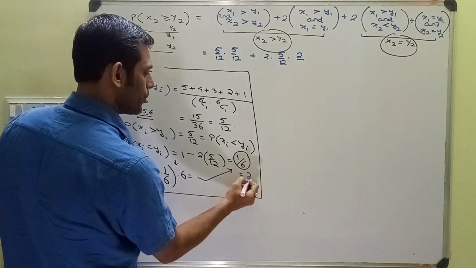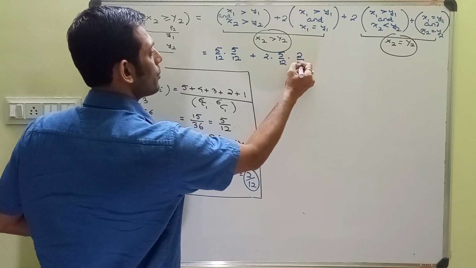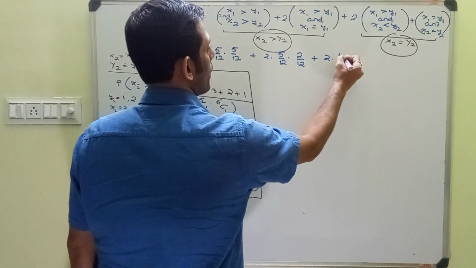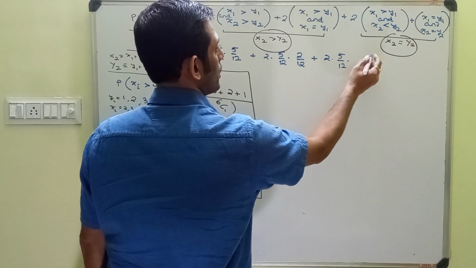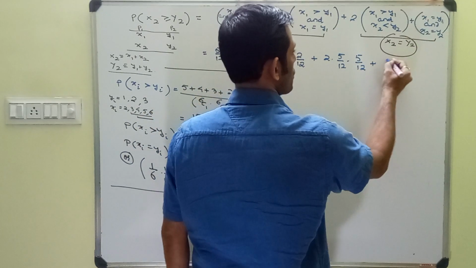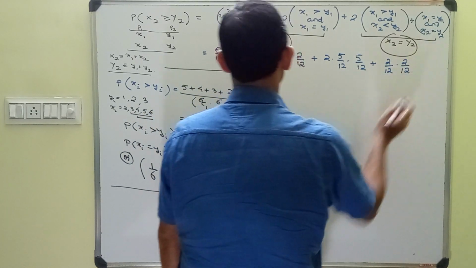You can write this as 2 by 12 alternately. Plus 2 times 5 by 12 dot 5 by 12, plus this is 2 by 12 dot 2 by 12.